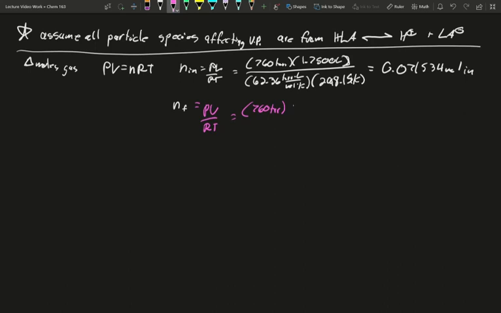So it must be 760 still, but the volume is just smaller: 1.74795 liters. That's where our smaller amount of moles is going to come from. Slightly smaller value on top, so slightly smaller calculation. Because our R value doesn't change, it's still 62.36 for torr liters over mole Kelvin. And the temp is still 298.15.